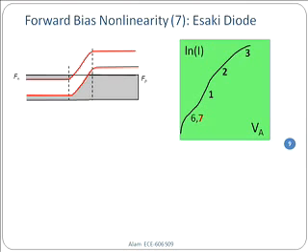Now, the question is how would current flow in such a structure? First of all, the types of problems we had been looking into are where, when you apply a bias, the minority carriers go over the hill on the other side and diffuse out, right? That's what you have been seeing.